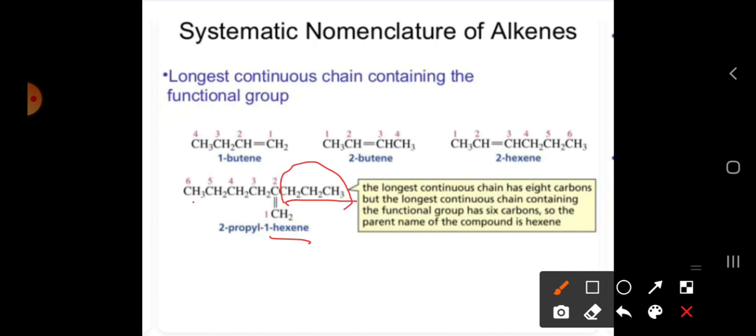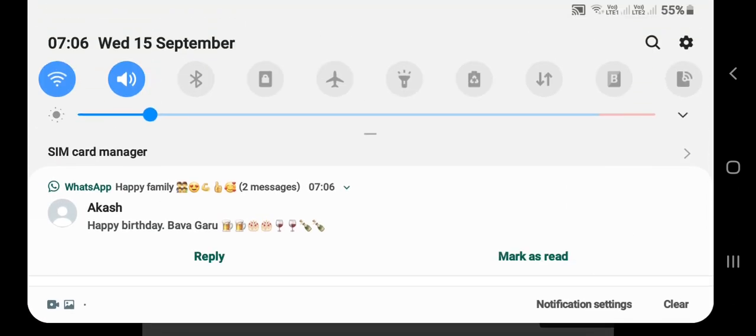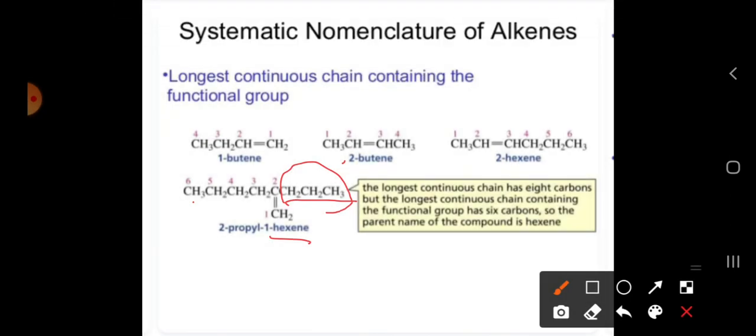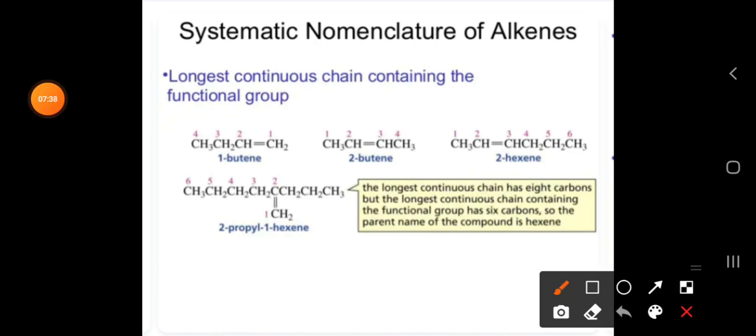Then what about this one? This is also a functional group. For this functional group, see here, propane. What is the propane structure? Propane consists of C3. What is the propane formula we are having? C3H8. This is the formula for propane.